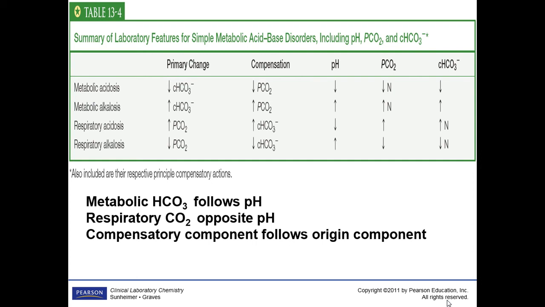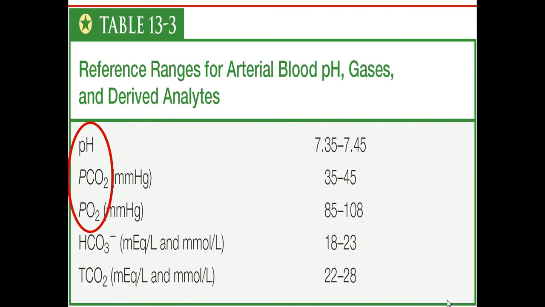But eventually, they'll be clear enough that you can see. And if you know the reference intervals, then even if it's slightly out of the reference intervals, you'll be able to call these four different disorders. Okay. So you got those three rules? Have them memorized now? This is also in your textbook.